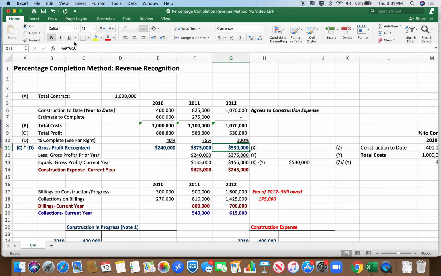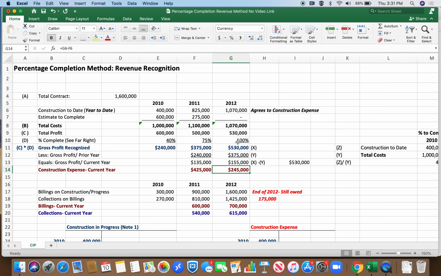Our gross profit in total is 530,000. We subtract what we recognized in the earlier year, 375. You can see that we're subtracting the prior year as we go along. Gross profit, current year, 155,000. And we also have construction expense below.